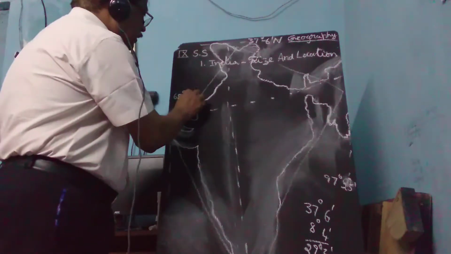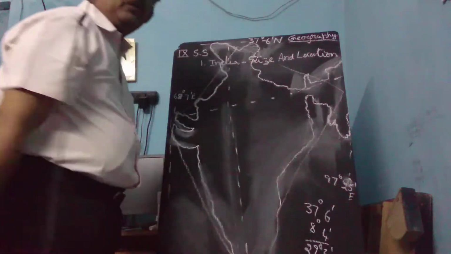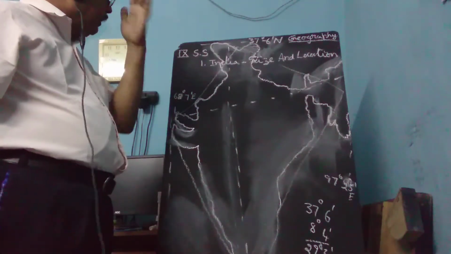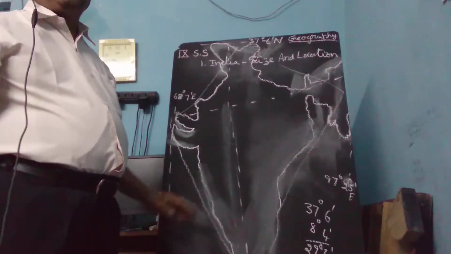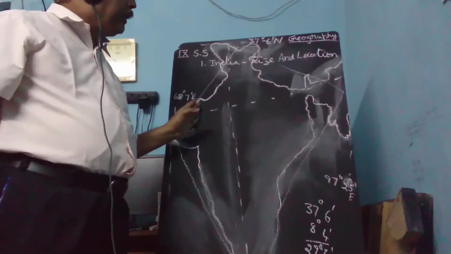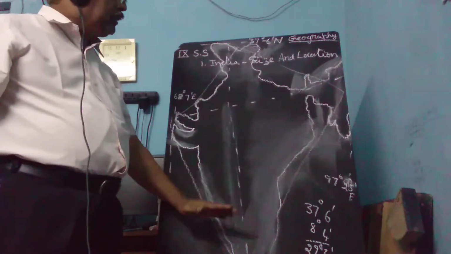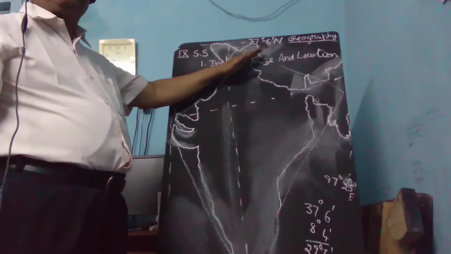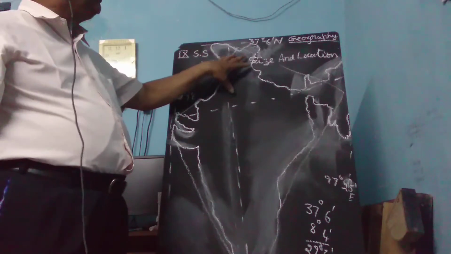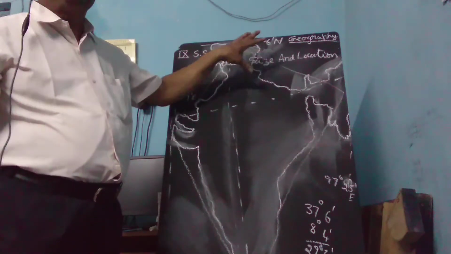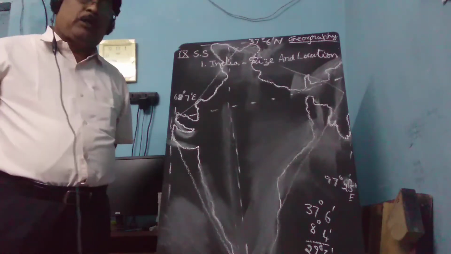This is also east longitude. It means it is completely lying in the eastern hemisphere. India is completely lying in the eastern part of the globe, and also completely in the northern part. So we can say India is lying in the northeastern part of the globe.